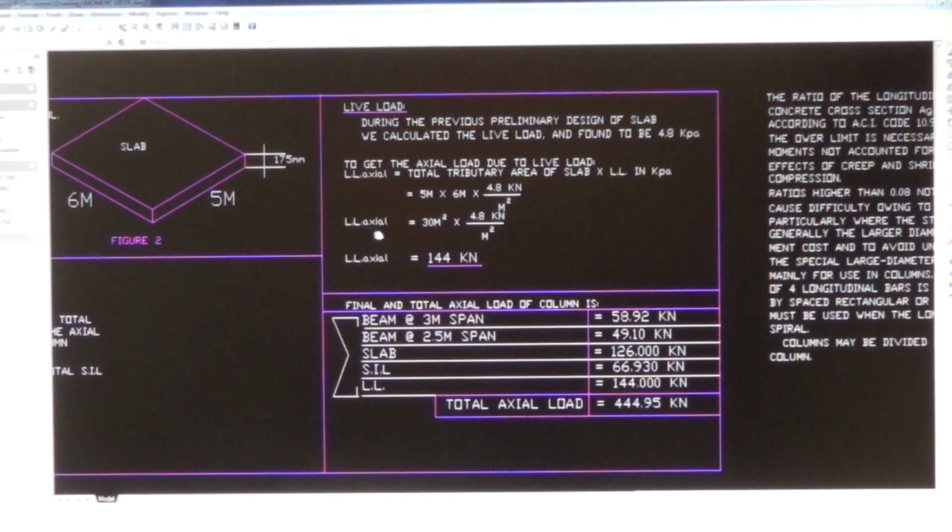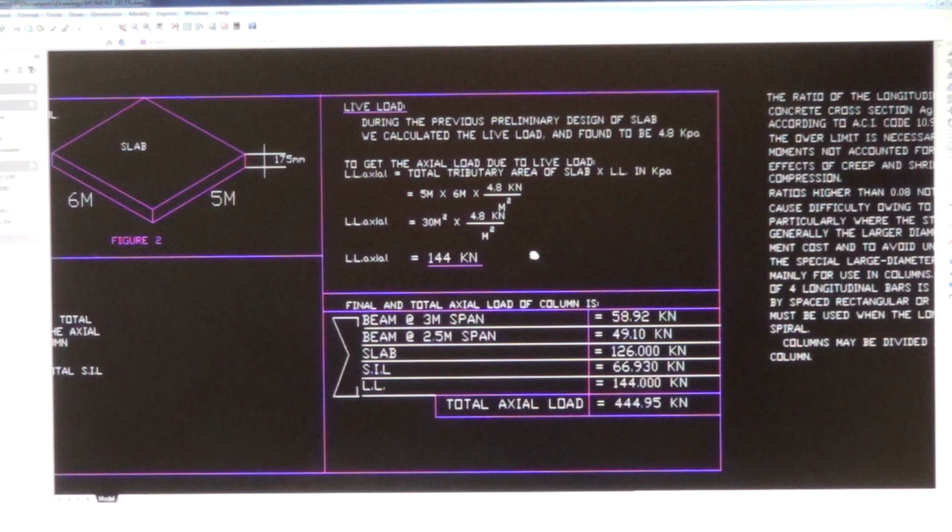The axial live load is equal to 30 square meter times 4.8 kilonewton per square meter. Square meters cancel. Live load axial is 144 kilonewton. This is a concentrated load, okay?